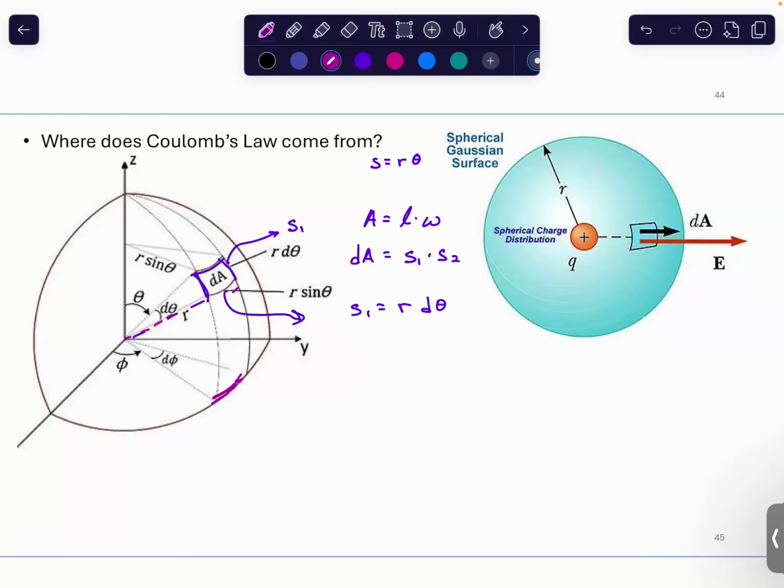So to make this less steps, we're just going to use the right triangle they gave us, where your right angle is right there. And so as that then goes through an angle d phi, your arc length becomes r sine of theta d phi.